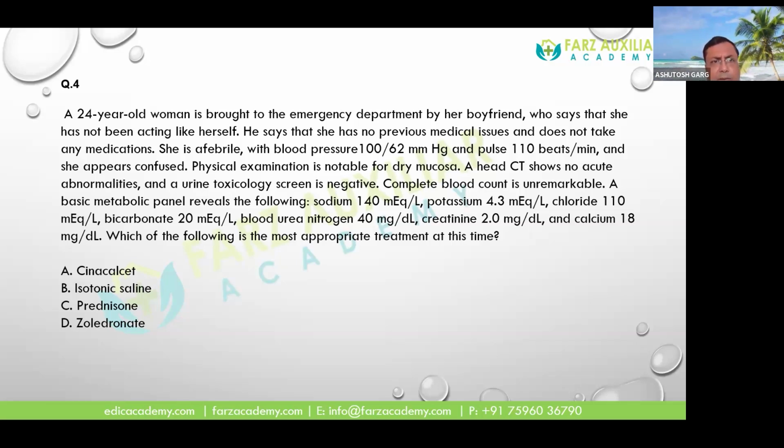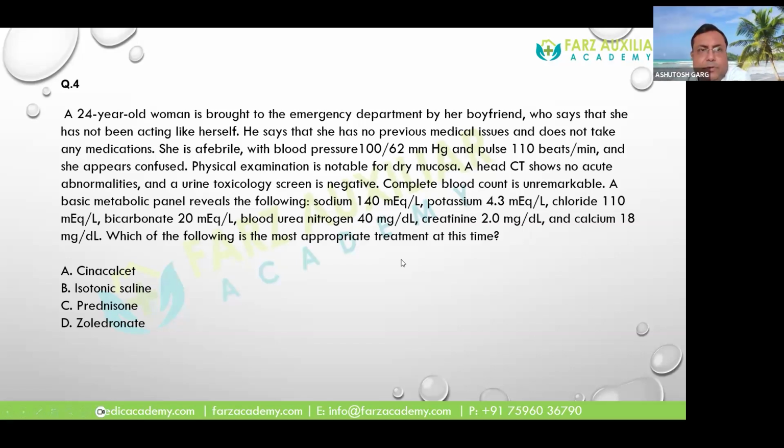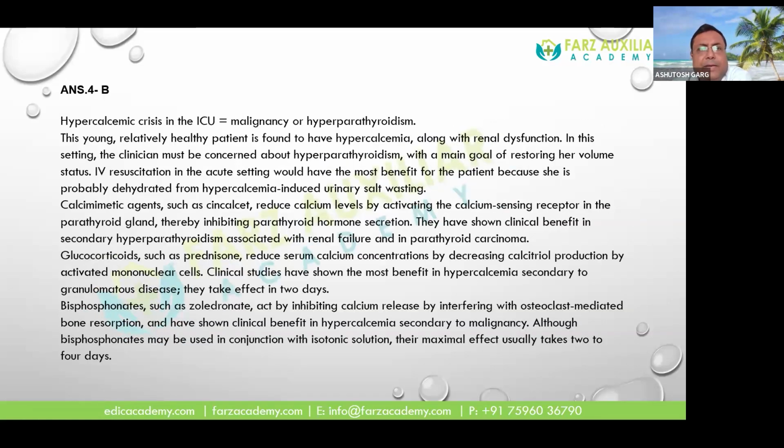CBC is normal. Sodium 140, potassium 4.3, chloride 110, bicarb 20, BUN 40, creatinine 2, and calcium is 18 milligram per deciliter. So basically, this is a case of hypercalcemia. The most appropriate treatment at this time? Answer is B. Okay. So hypercalcemic crisis.